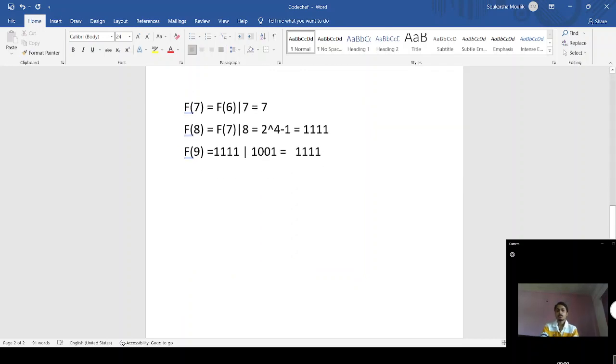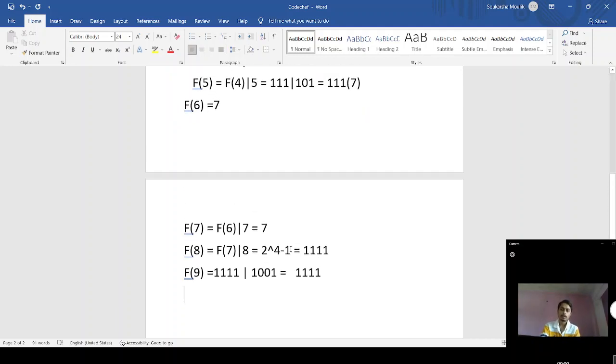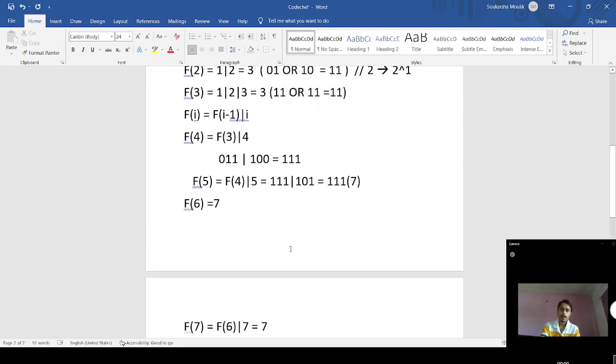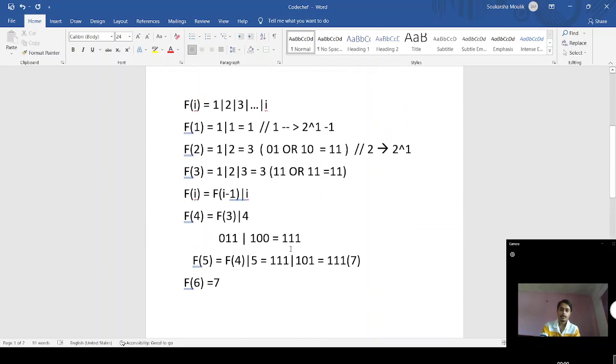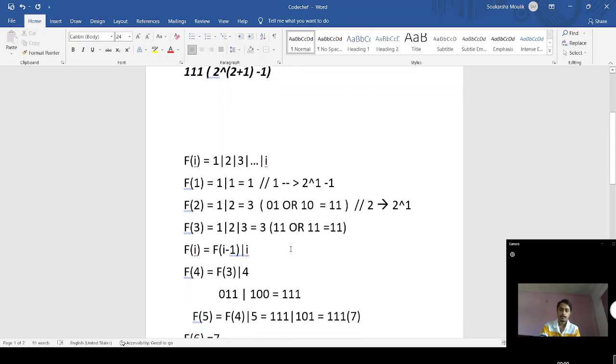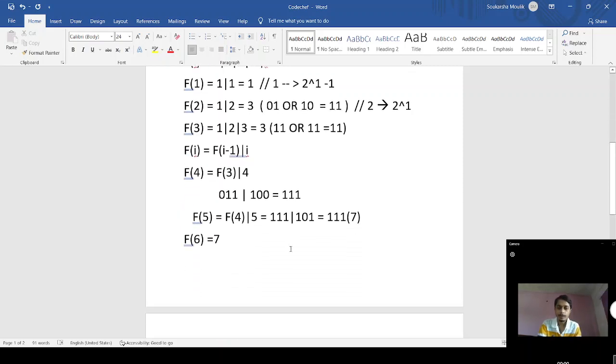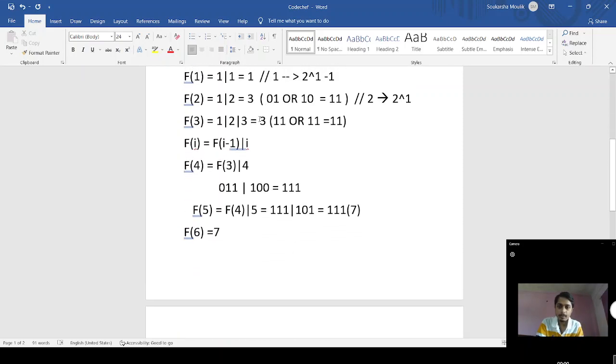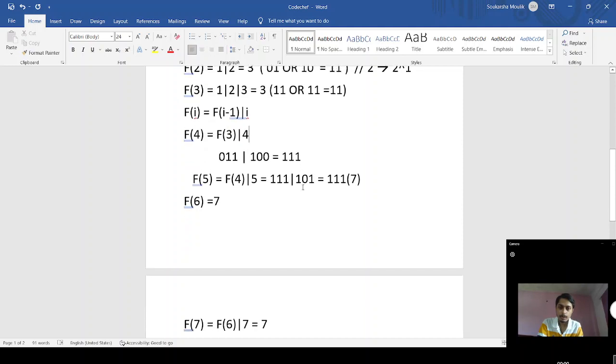So what did you observe? We observed that for all the numbers whose binary representation has the same number of bits, to be more specific, see here, f of 3 is having 2-bit binary. Now f of 4 is having 3-bit binary, so for 4 it is giving 7.